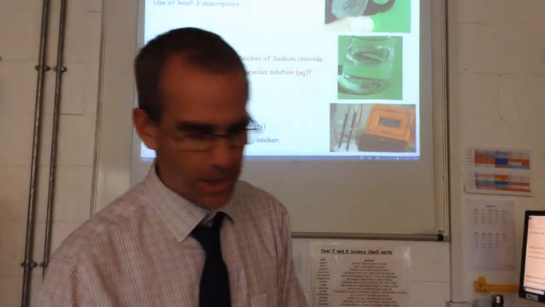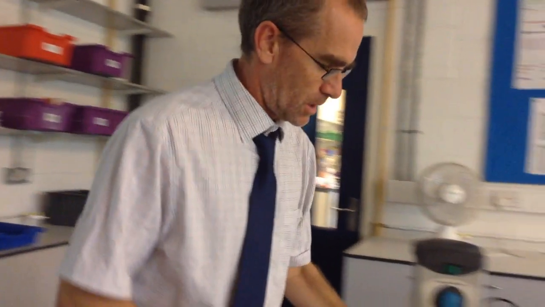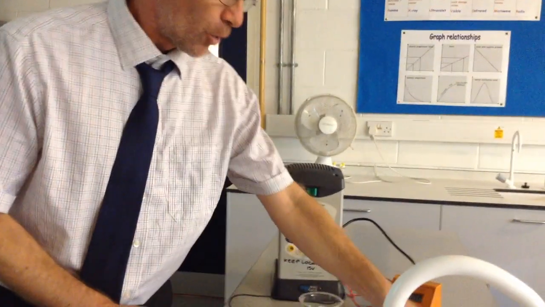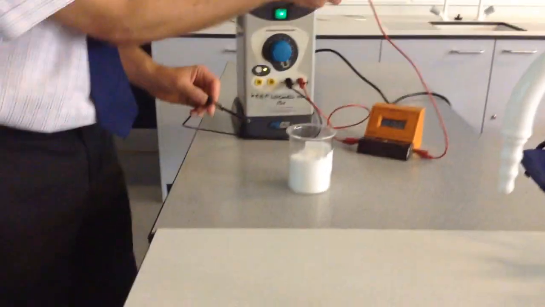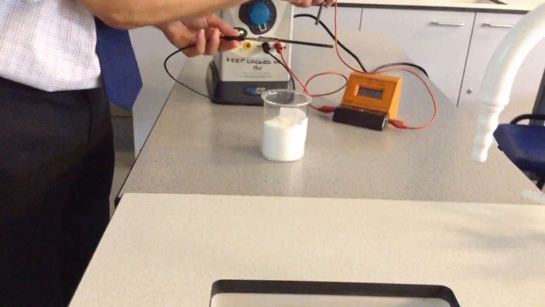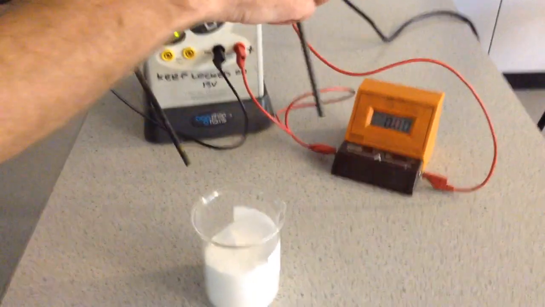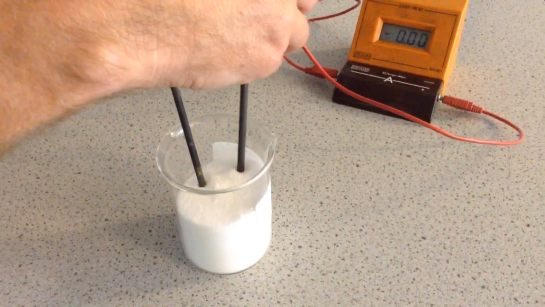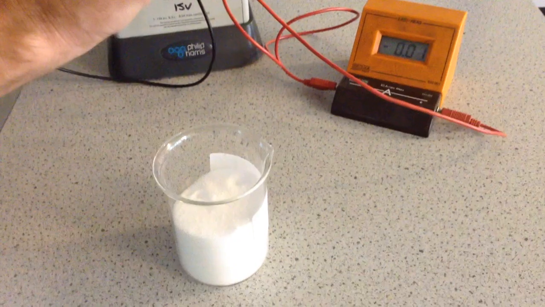Now property 3 is electrical conductivity. Do ionic compounds conduct electricity? So I've got this electrical circuit ready. If I do this, just to check it's working, hopefully you can see that the numbers change. Let me do that again, so hopefully you see the numbers change to prove the circuit's working.